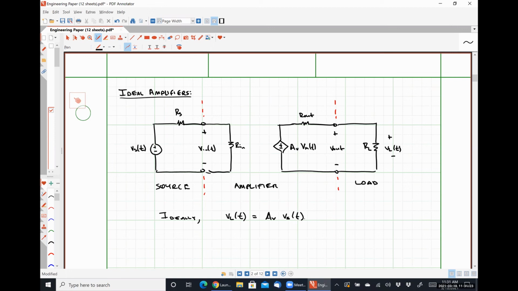Zero? So if we applied a short circuit here, Vn of t would be exactly equal to 0 volts because the voltage drop over a short circuit is always 0.